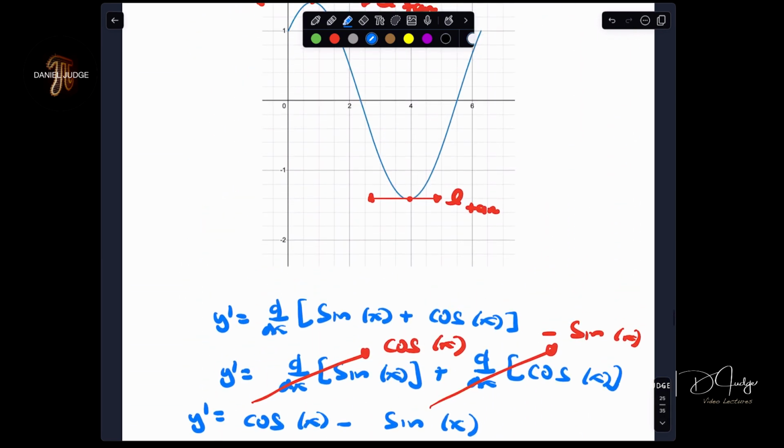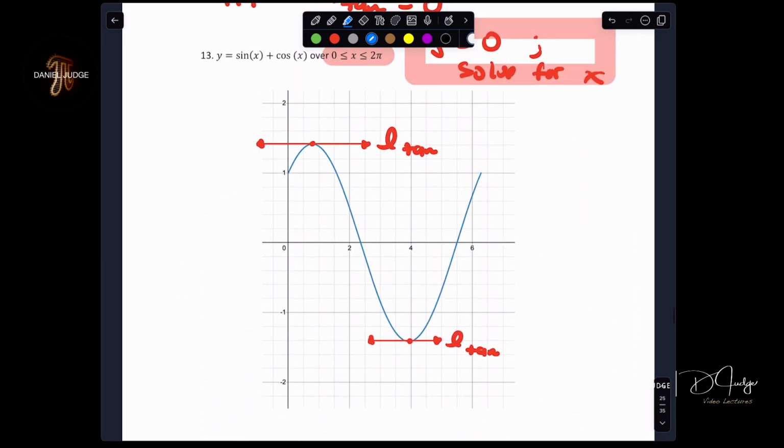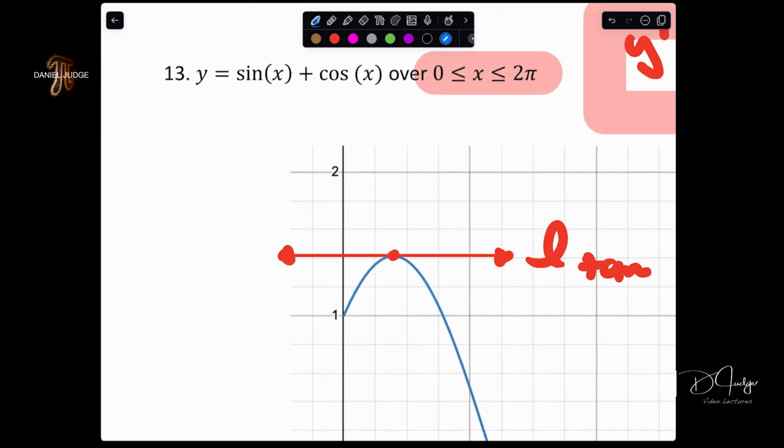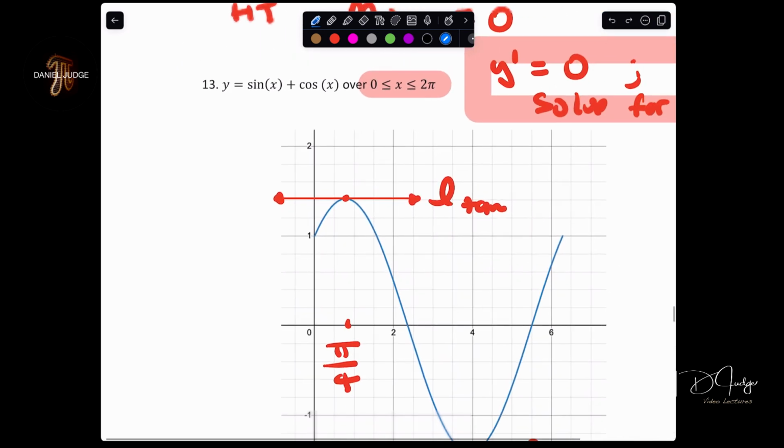So when I go to the picture over here, you might say, well, is this where, and it is. Let's see if I can see it. This is where pi over 4 would be. That's the x coordinate. So if we want the y coordinate, I don't think it's big enough, but I'm going to try to squeeze it in. If x is pi over 4, get the y coordinate by plugging the value in.